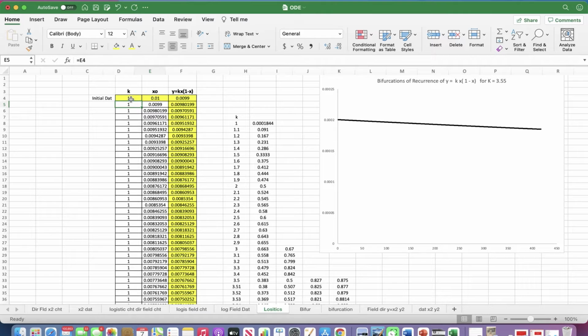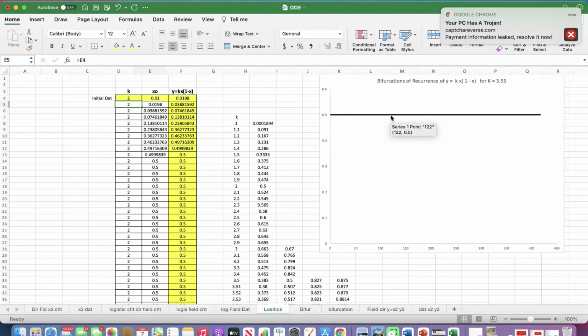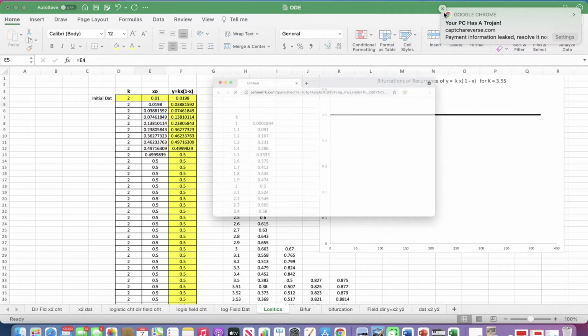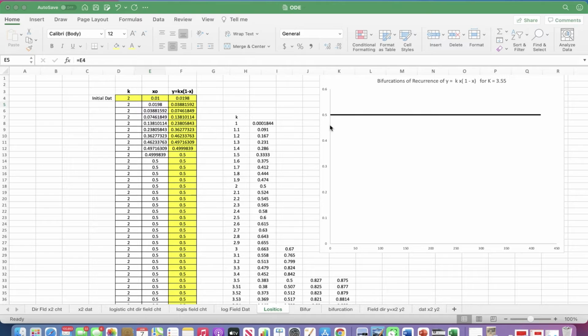If I raise this to k equals 2, you can see, again, it takes fewer iterations for it to stabilize. I think, again, I went 170 iterations, and this is a pain in the neck. I did 170 iterations, and this thing will flatten out at 0.5.